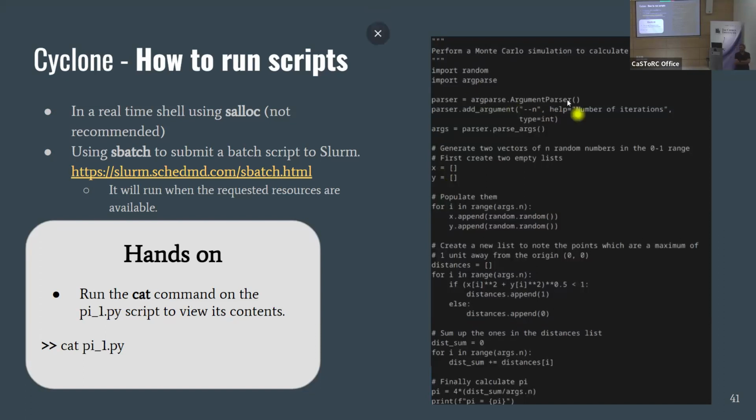So for that, we import the random package, which is the base library for Python. This argparse is just for us to be able to give a terminal argument to the Python script, so we don't have to change this script every time. You specify n, which is the number of iterations for the Monte Carlo simulation. You instantiate two empty lists, then you loop for n number of times and populate them with random numbers.